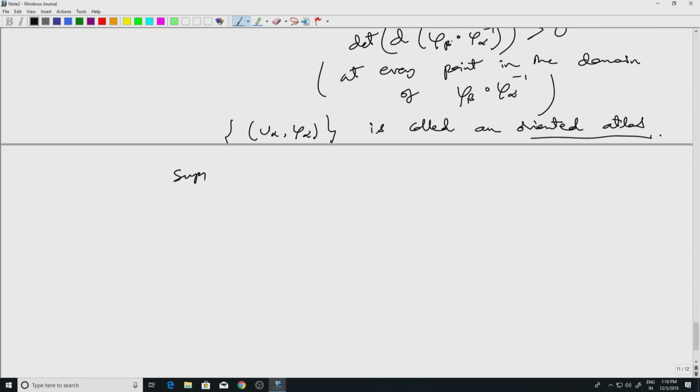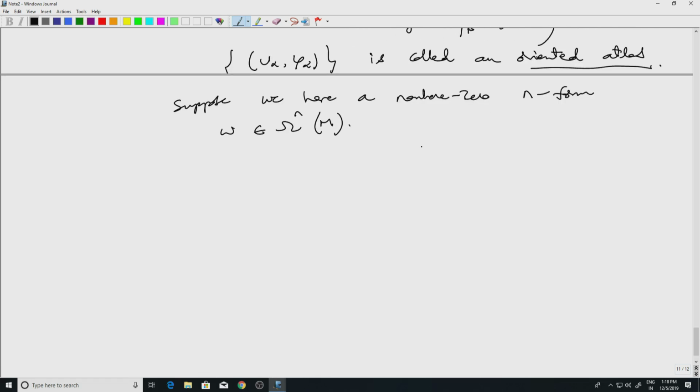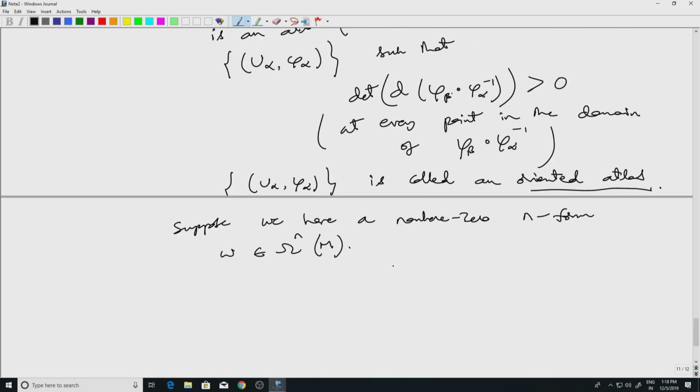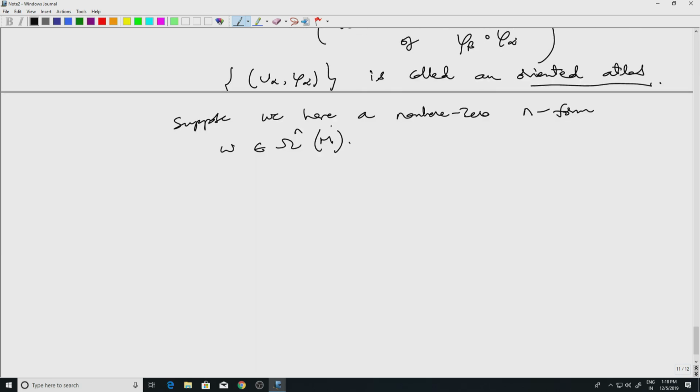Suppose we have a nowhere zero n-form omega, the top degree n-form. So I'm starting with this. Then let's see from this how we can get an oriented atlas.